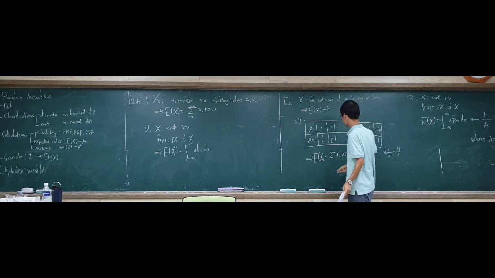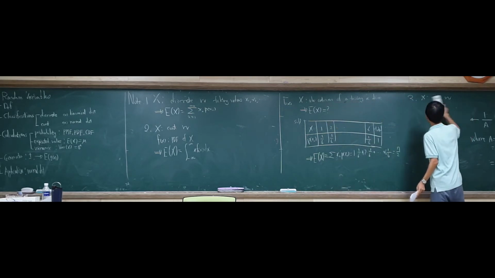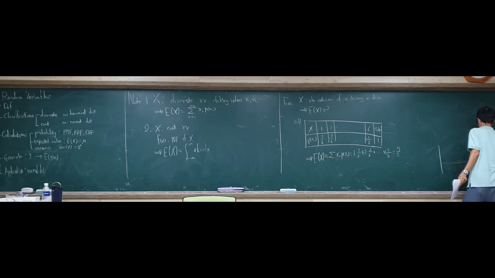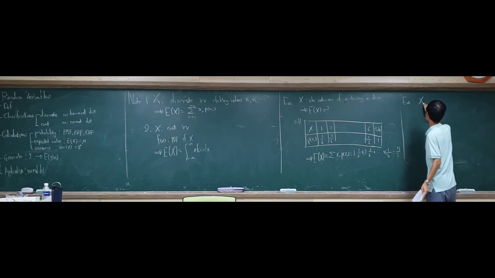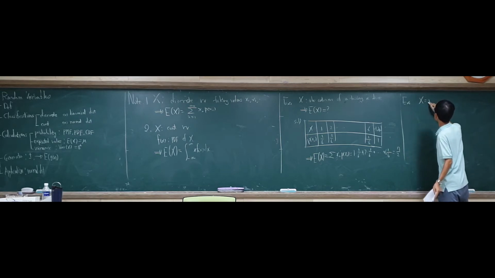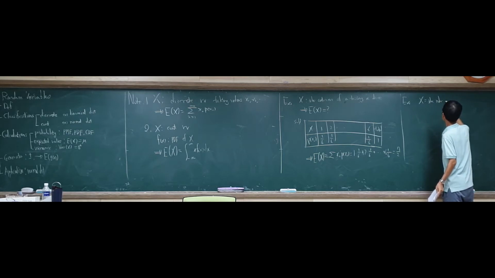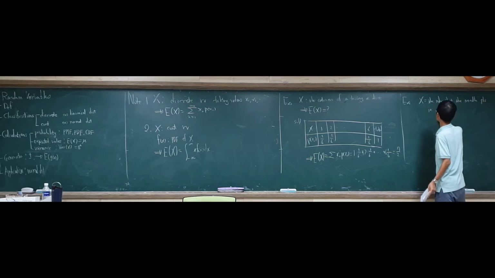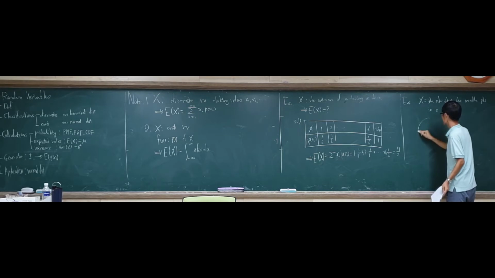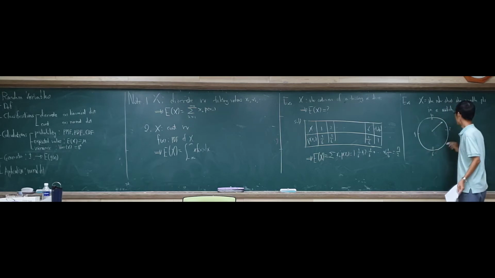And now we consider the case that we have a watch with only one hand, like this one, and we want to find the expected value of x.